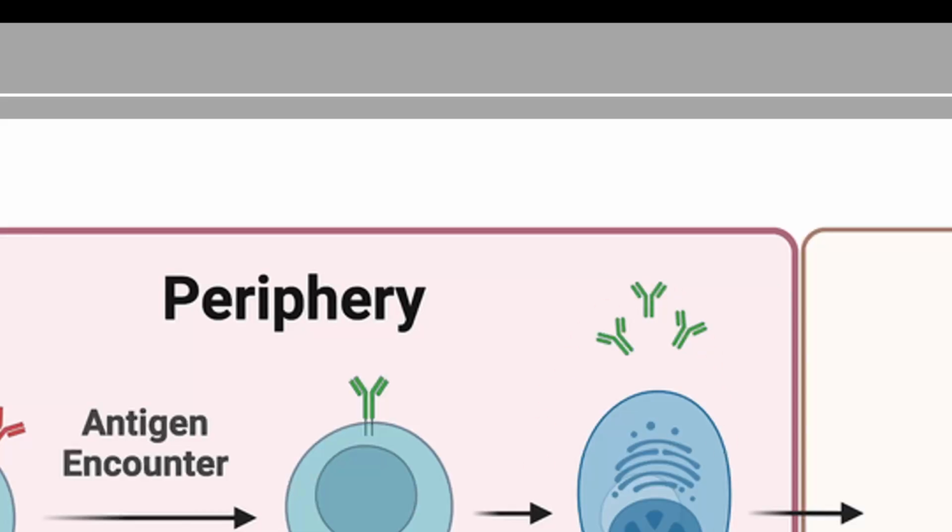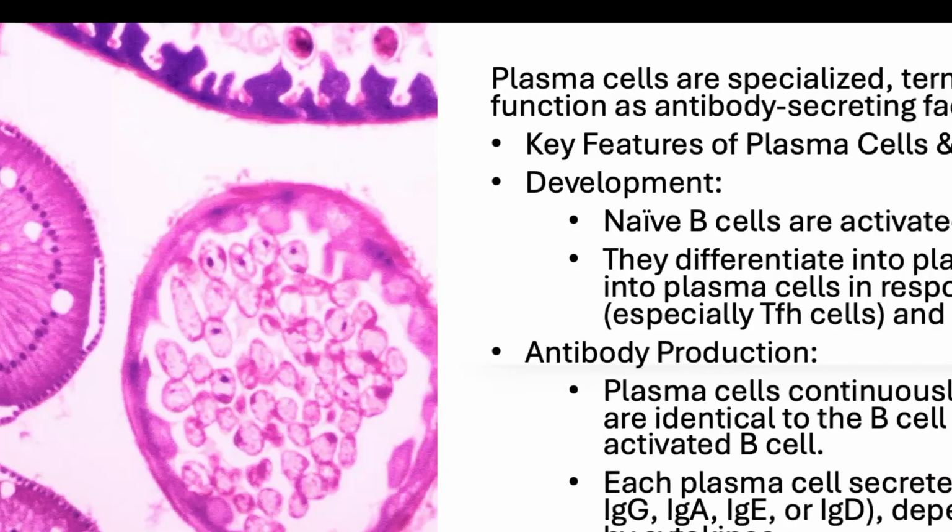So what is a plasma cell? A plasma cell is just a B cell which is actively secreting antibody. It is an activated B cell. Plasma cells are specialized, terminally differentiated B cells that function as antibody secreting factories. Their only job is to secrete antibodies and then die off.